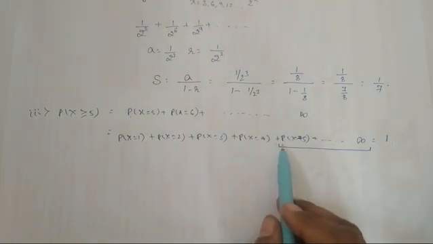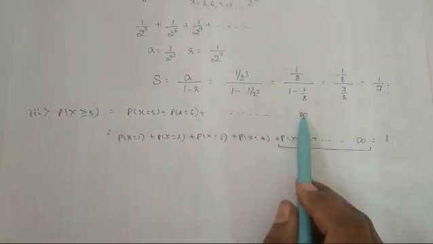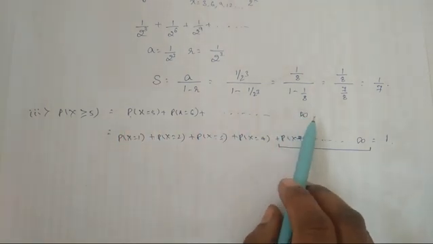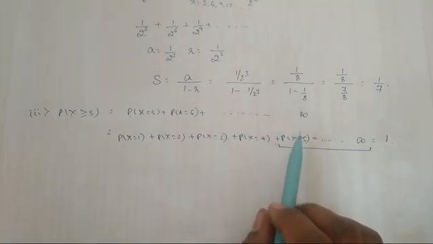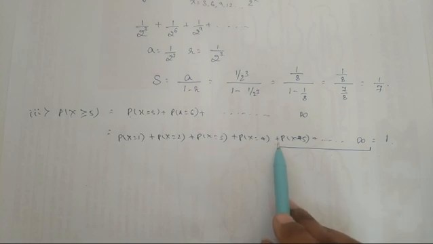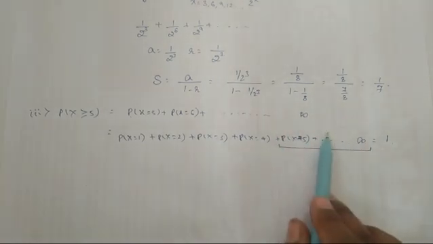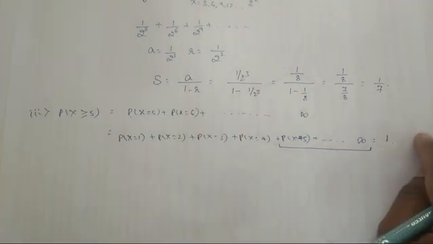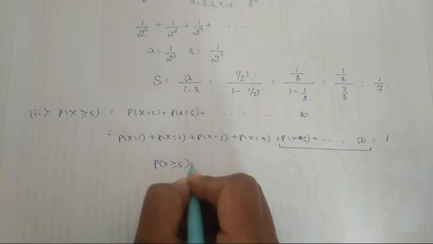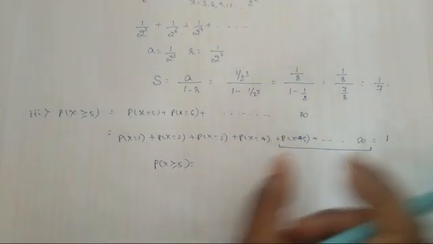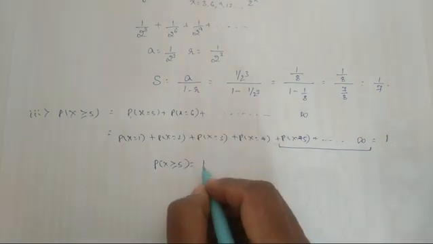So what we can do is, instead of finding this value, because we would have to find it till infinity, which is impossible, what is the alternative we can take? If we take the other terms to the right side, p of x greater than or equal to 5 will be equal to 1.